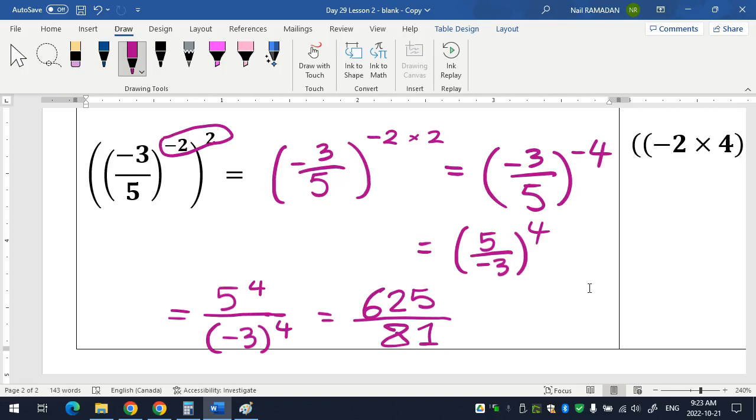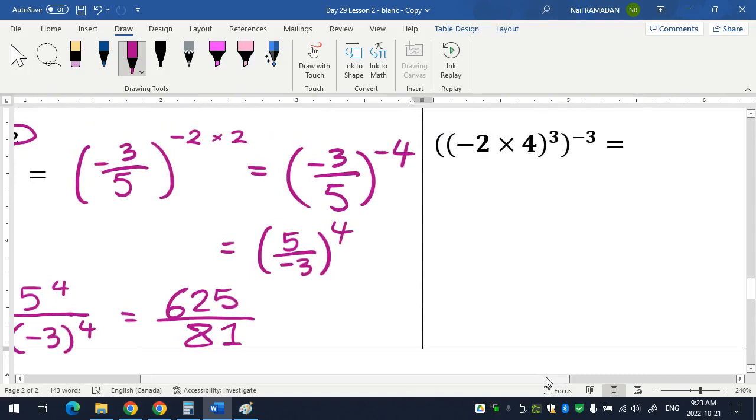Okay. Last one. Ooh. No problem. What do I do first? Do I multiply the 3 by minus 3 or do I multiply the minus 2 times 4? Say again? Yeah, I could do the inside first, but that would not be using today's lesson. So let's use today's lesson.